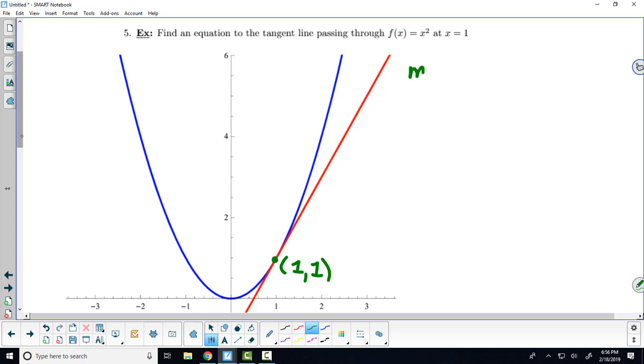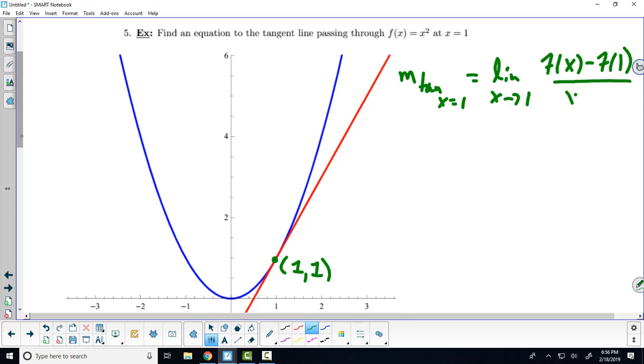Okay, so the slope of the tangent line, let me write that a little nicer. The slope of the tangent line at x equals 1 is equal to the limit as x approaches 1 of f of x minus f of 1 all over x minus 1, of course, provided this limit exists.